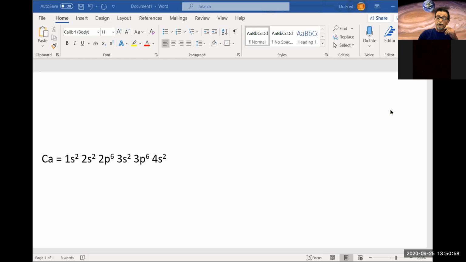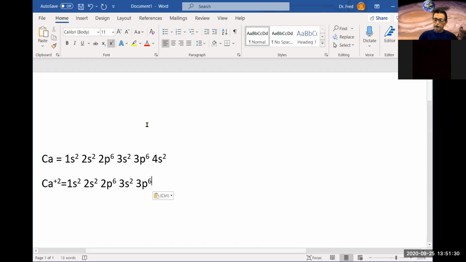Because what's going to happen now, if we take all this and create the calcium ion, when it lost 2 electrons, remember this is the valence shell.